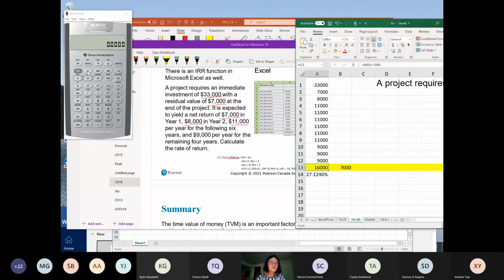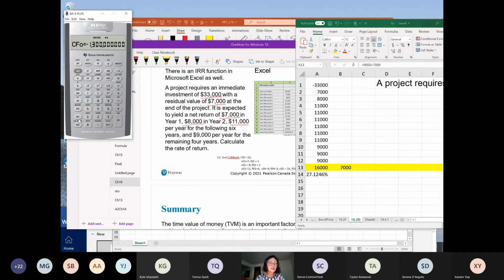So CF, cash flow. What you need to do, can somebody remind me? After you press CF, what do you do? Clear work.